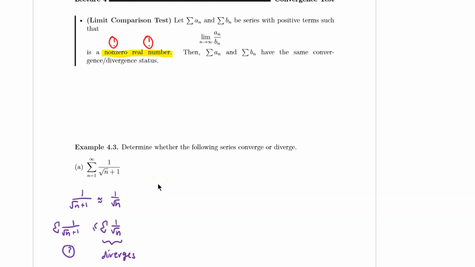So if we try to use the limit comparison test with this one, I'm going to use the limit comparison test with 1 over the square root of n. Then I can compute the limit of the ratio of the two terms of the series.